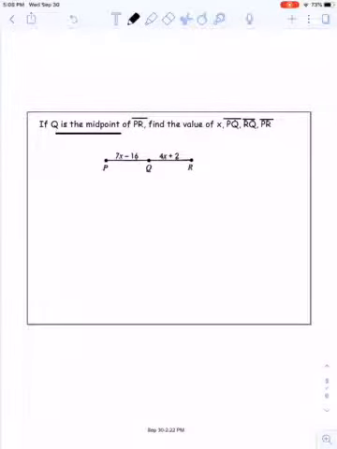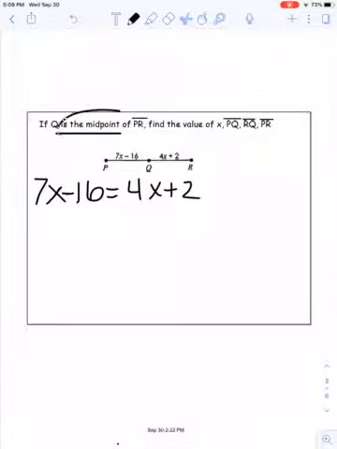It says, if Q is the midpoint of PR, find the values of x, PQ, RQ, and PR. The second that it says midpoint, I know that 7x minus 16 needs to equal 4x plus 2. So that means I'm going to set them equal to each other. So when I see midpoint, I'm thinking I'm going to set them equal to each other.